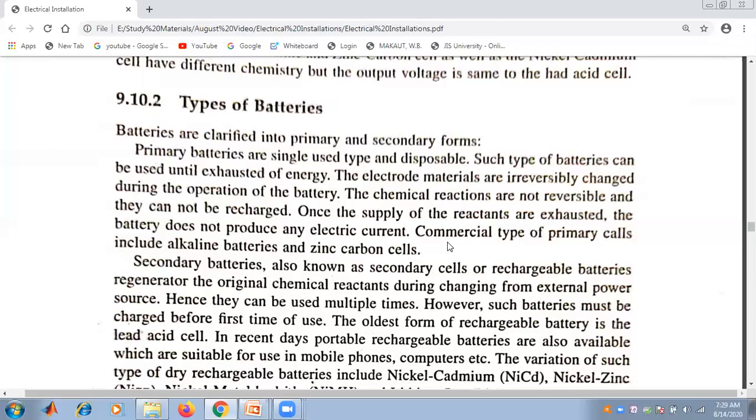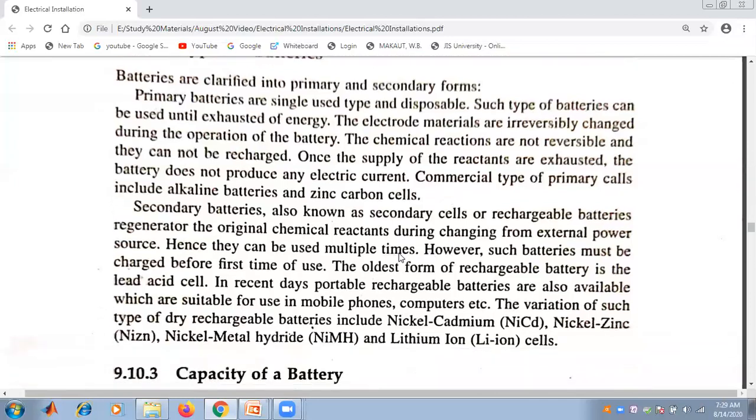So another part of our discussion is the secondary battery. The secondary batteries are also known as secondary cells, and the main factor is that they are rechargeable batteries.